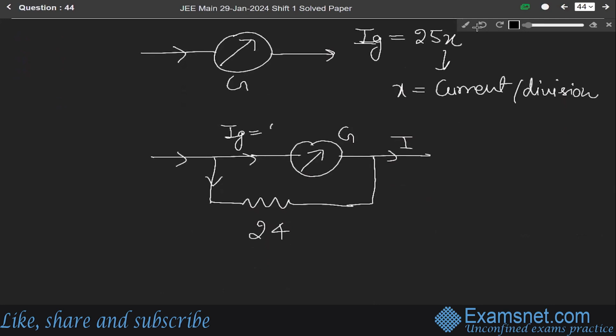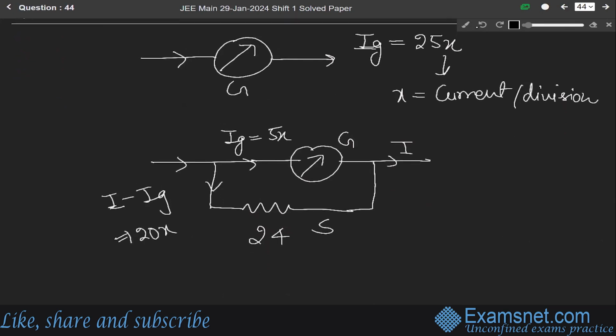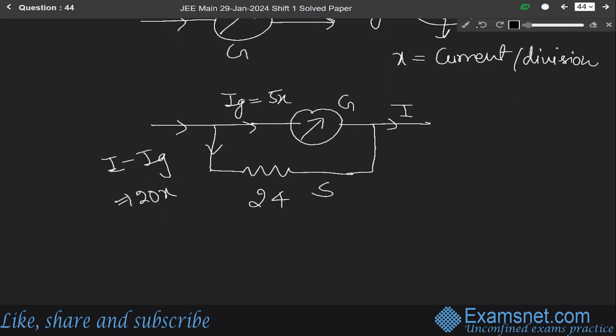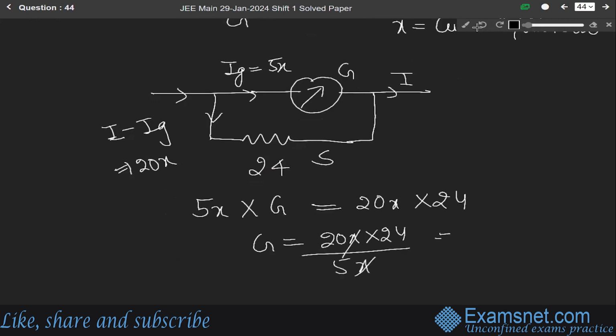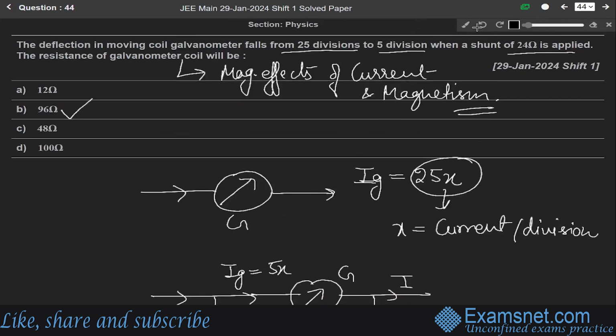So Ig equals 5x. Through the shunt, the current will be I minus Ig, which equals 25x minus 5x, so it will be 20x. So according to the question, 5x into G will be equal to 20x into 24. So G will be equal to 20x into 24 over 5x, which is 96 ohm. So our correct answer is option B, 96 ohm.